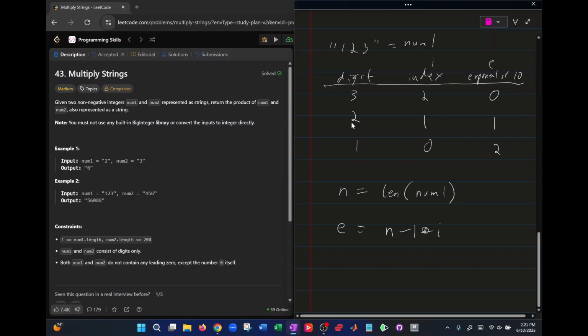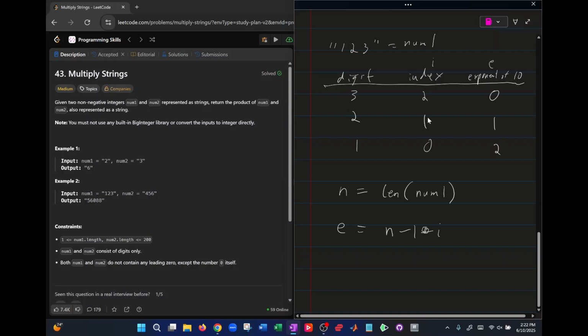For the digit 1, for index 0, the exponent is going to be 3 minus 1 minus 0, which is 2.